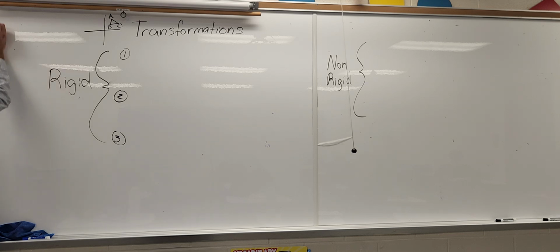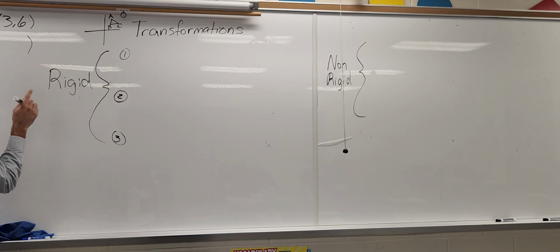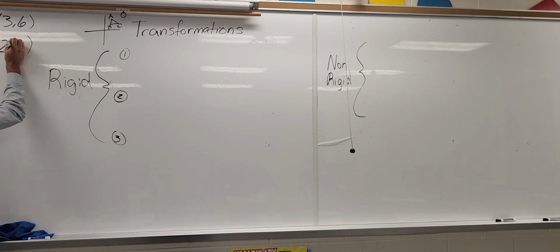Let's say A has the coordinate location of 3, 6. B has the coordinate location of 2, 4. And C has the coordinate location of 7, 3.